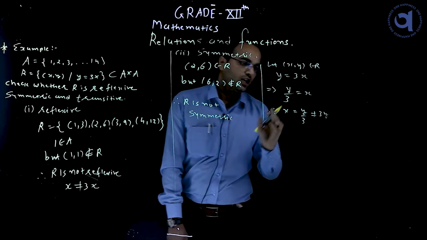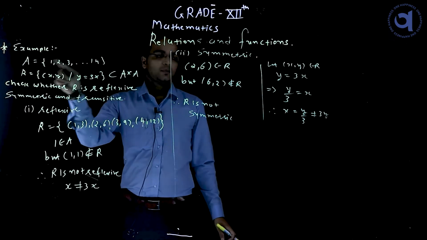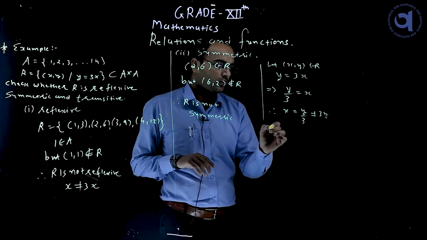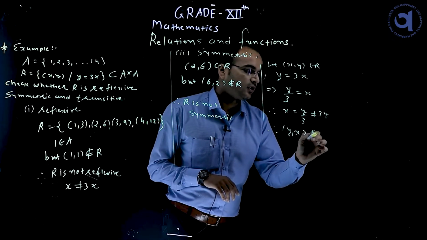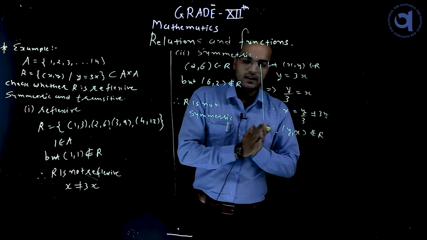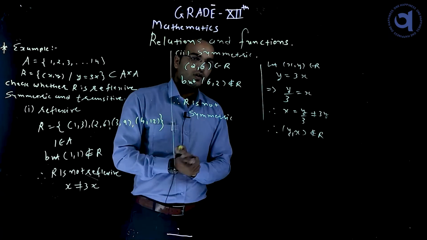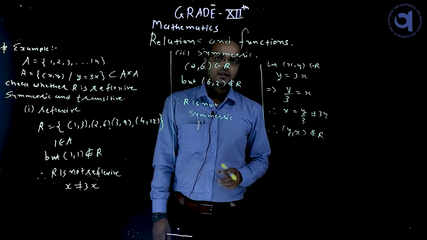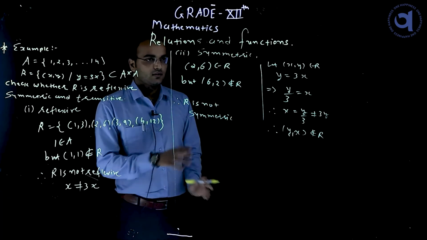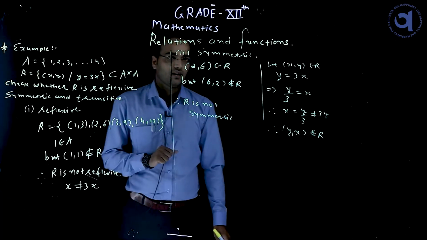Okay, x equal to y by 3 is not equal to 3y for all the elements of set A, and therefore y comma x does not belong to R. This is the general thing. Okay, and this is the particular example for 2 comma 6. You can write any one of the proofs. Okay, so the given relation is not symmetric.